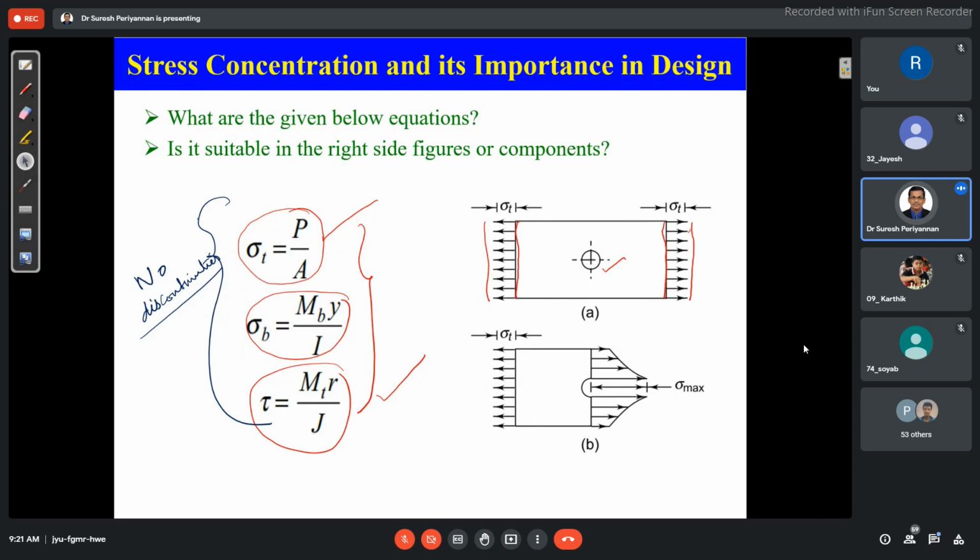And it may be a screwed joint. Okay, then we need holes. We can't use a plain component in our system design. Okay, we need this kind of arrangement also.